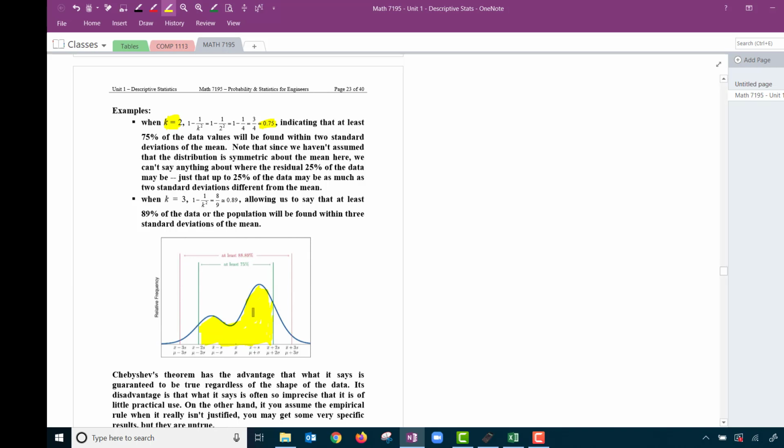Chebyshev says, well, it has to be at least 75. If you go out to 3 standard deviations, the empirical rule said it was 99.7, but Chebyshev says it's 89. He doesn't say it's exactly 89. He says it's at least 89.